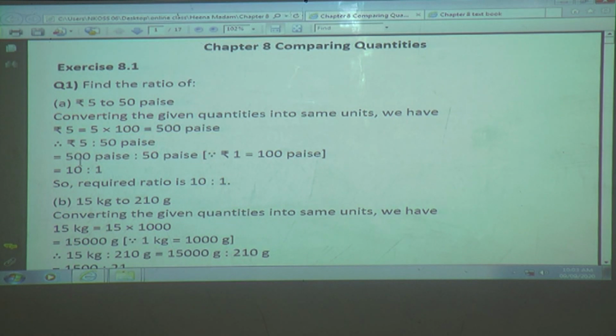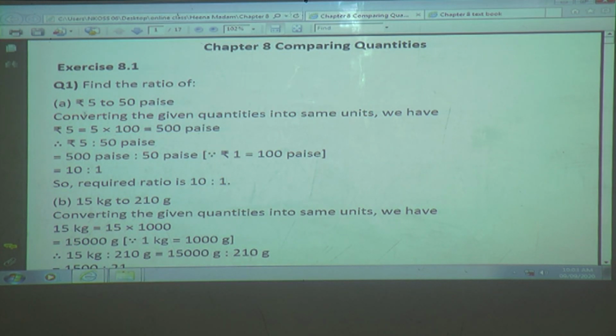After reducing, we can write it in fraction form: 500 upon 50 gives 10 upon 1, which is written as the ratio 10 is to 1. So the required ratio is 10 is to 1.